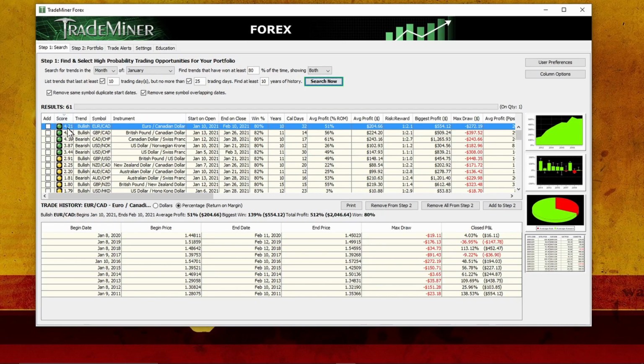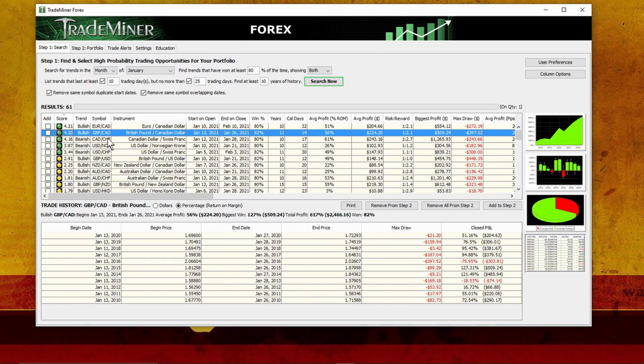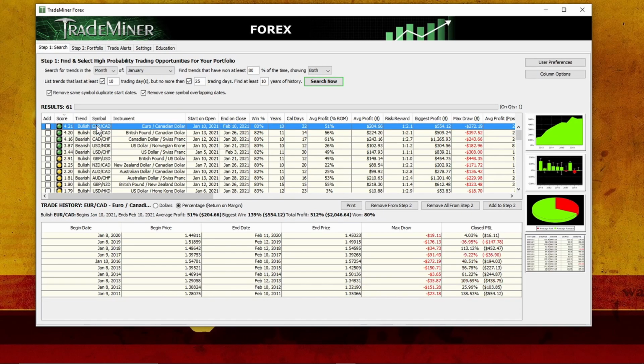All right, so the higher the score over here, the more I won't say profitable, but the more likely it is to be usable, something to that level. Okay, so here we have this, and I made a decision to use the EuroCAD.